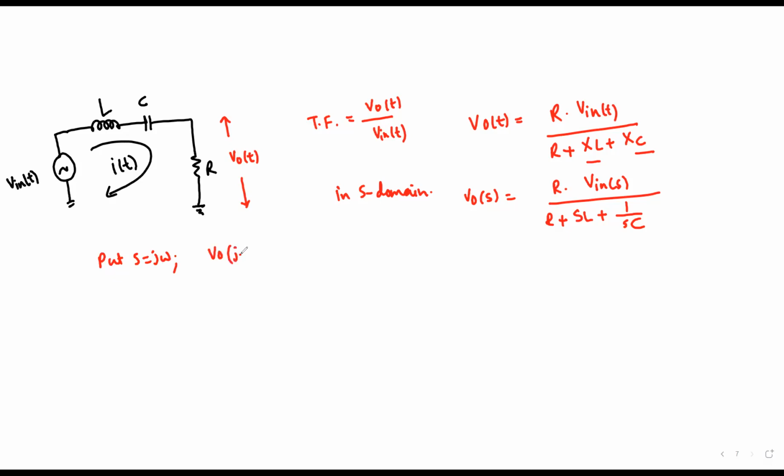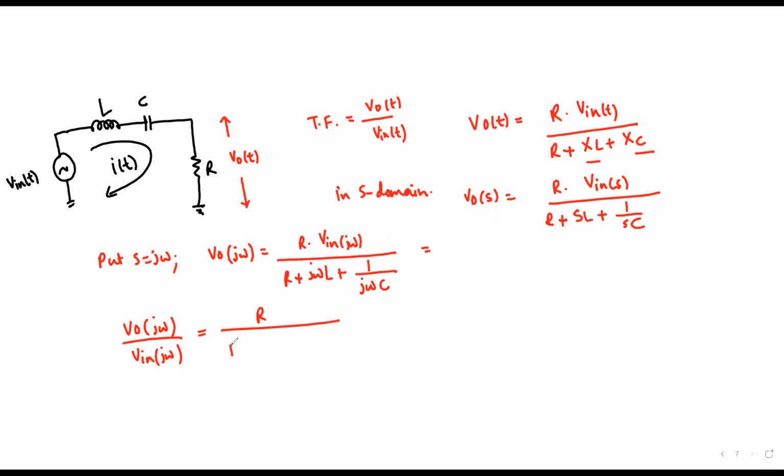So this takes the form R times V in of j omega divided by R plus j omega L plus 1 over j omega C. We can further solve it like this. We can take the ratio of two voltages, which is what we want at the end.